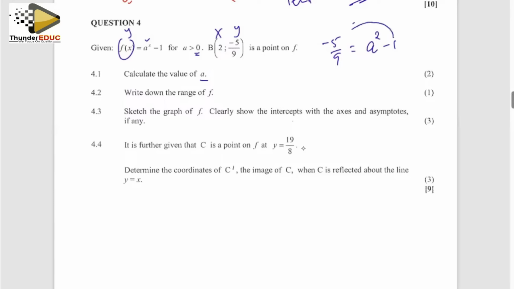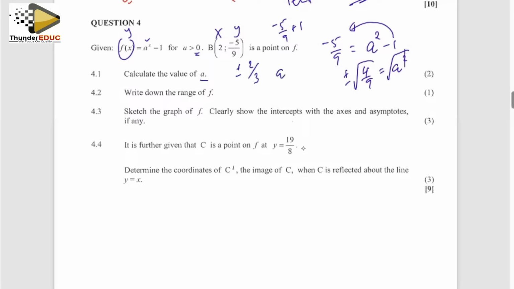Then we move the 1 that side, which means it's going to be negative 5 over 9 plus 1. When you punch that into your calculator, I end up with 4 over 9 as my result, which is equal to a squared. And then find the square root. We know that the square root must always give us a plus or minus, so that's going to be plus minus 2 over 3.